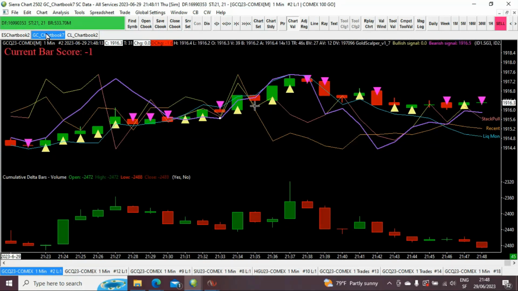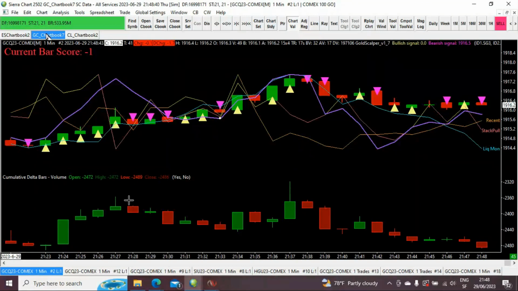There's an occasional bar with no signal, another one here. Basically, it found there was no strength in that particular move to warrant a trade in that direction. As well as those correlated markets, it also looks at the pressure line to see if we have any divergence there, and adds that into the calculation of the current bar score. And it uses the volume delta.